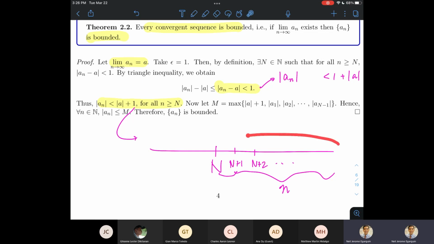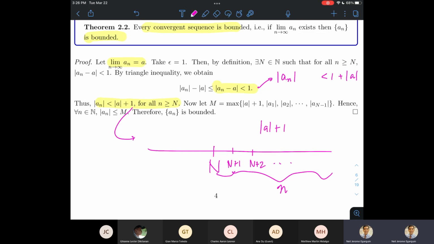Yung mga terms ng sequence ay nandito sa interval na to, all right? Lagi silang mas maliit sa absolute value ng limit plus 1. So the absolute value of the limit plus 1 serves as an upper bound for the terms in the sequence that are in the latter part of the list. How latter is latter? Mas malaki kay capital N yung index.